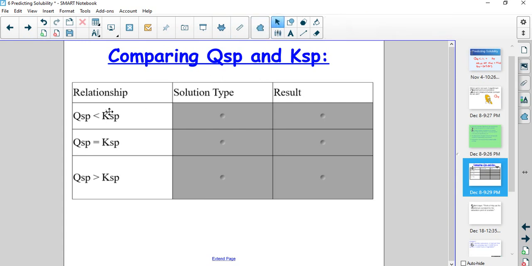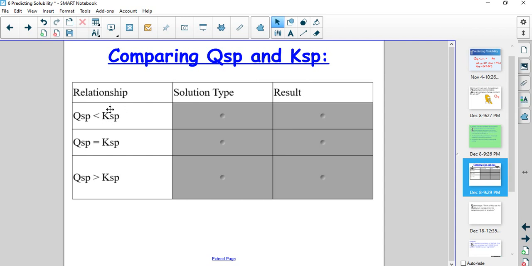So if QSP is less than KSP, that means QSP is smaller than KSP. It can go in the forward direction. In other words, there's room now for those concentrations of those ions on your product side to increase.